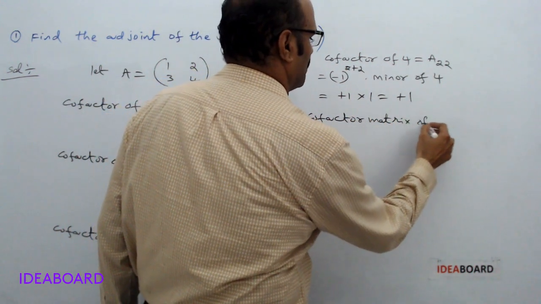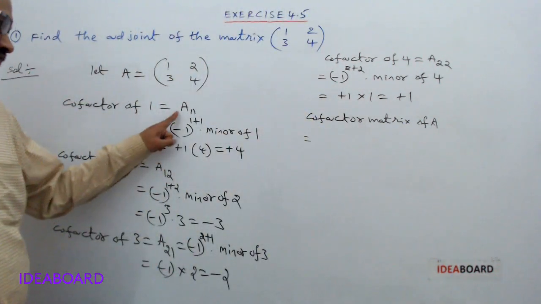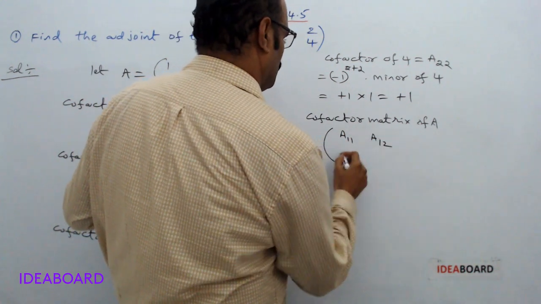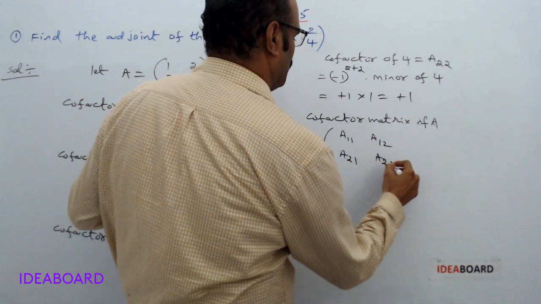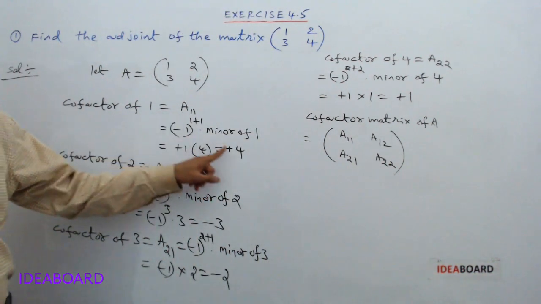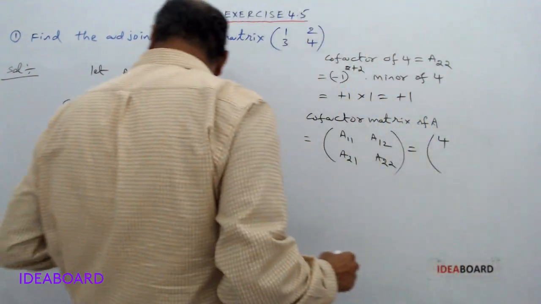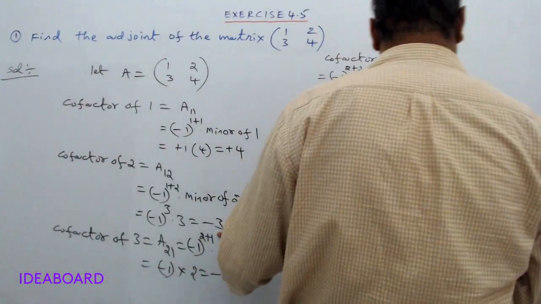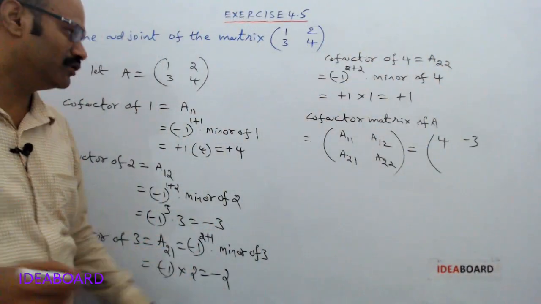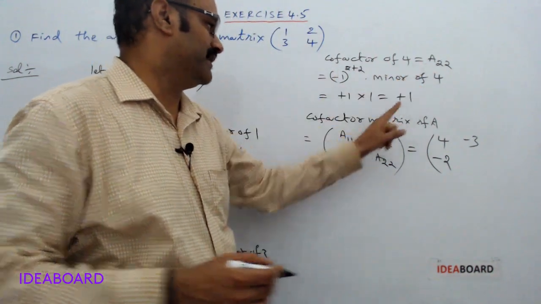Now the cofactor matrix of A has entries A11, A12, A21, A22, where A11 equal to plus 4, A12 equal to minus 3, A21 equal to minus 2, A22 equal to plus 1.